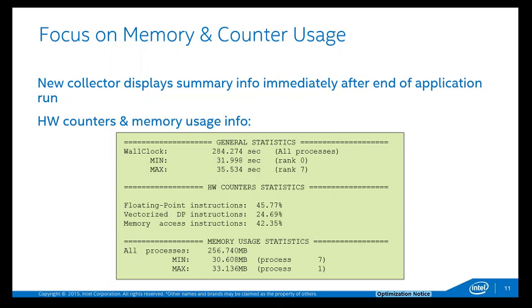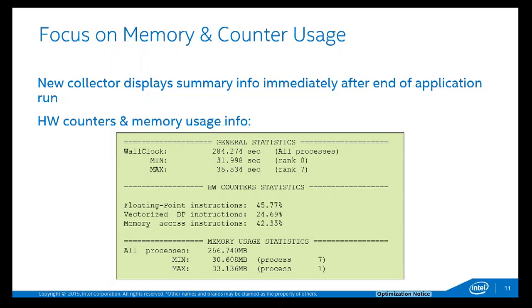The rank that spent the least amount of time versus the rank that spent the most amount of time. So what you want to see is that delta, in this case about 3.5 seconds, 4 seconds. Is that something that I should be worried about in terms of the total execution time, or am I okay with that difference? So in this case, it's probably fine, right?